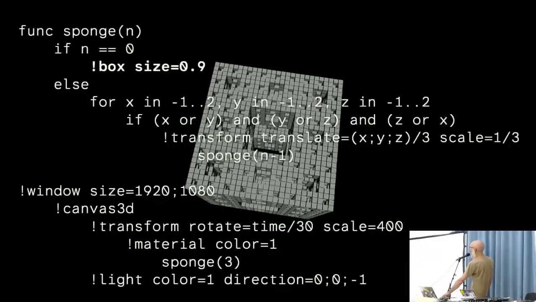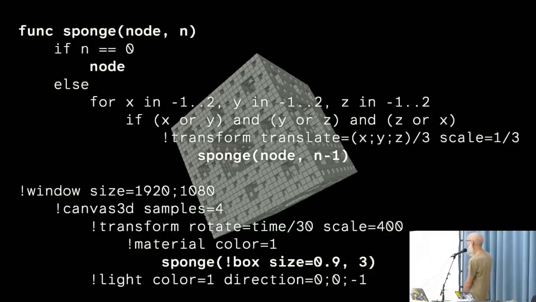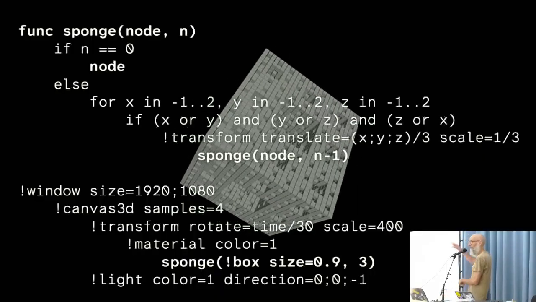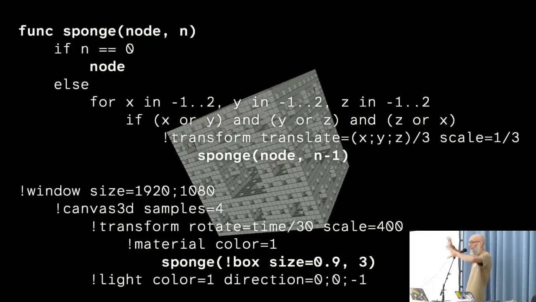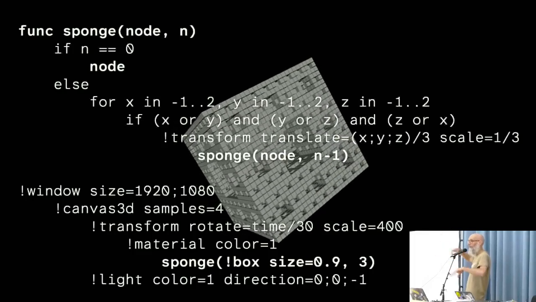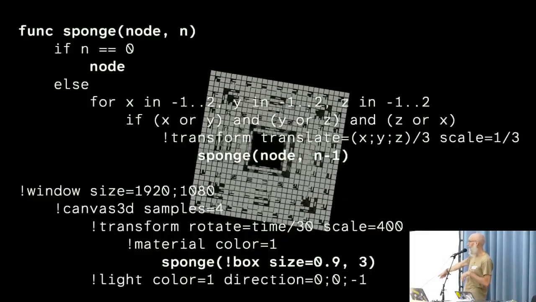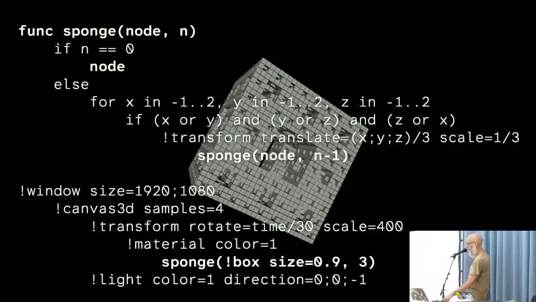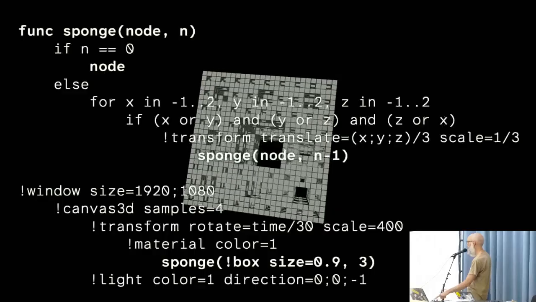So, this being a functional language, we can just change the function to take a node as an argument, and then because nodes are just another value in Flitter, I can pass the box in as an argument to the function. So you can sort of see that at the bottom. So same effect, but now I'm passing in a box.